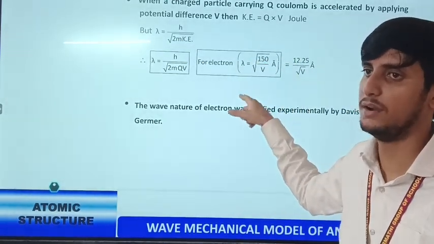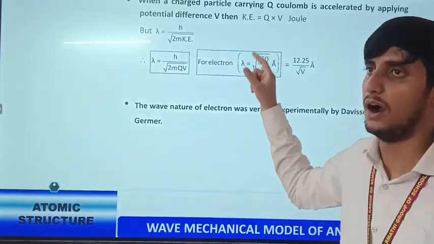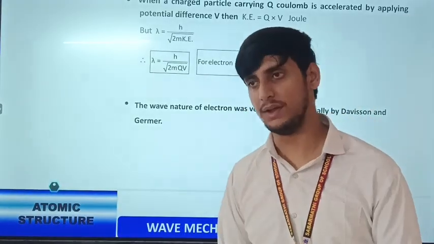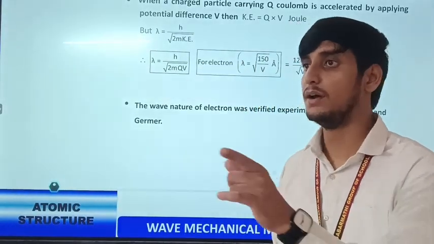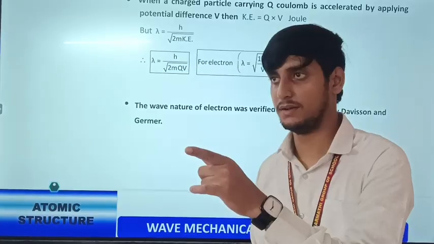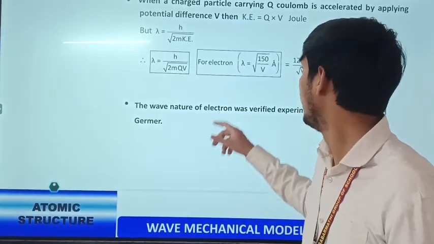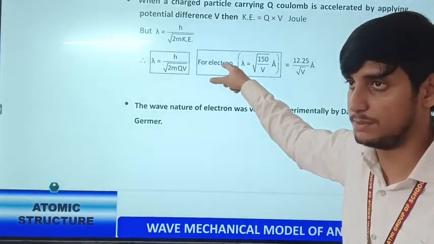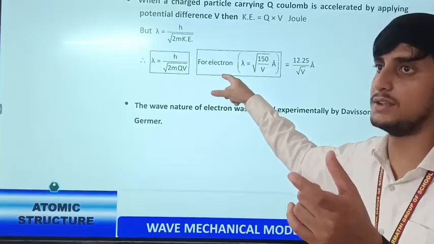Remember this formula for easy calculations: under root 150 upon V in angstrom. This is for a charged particle in electron volts.